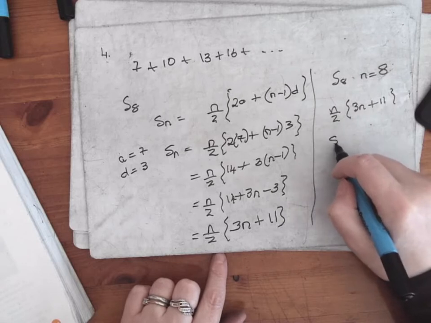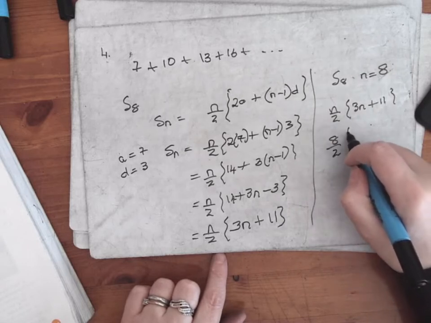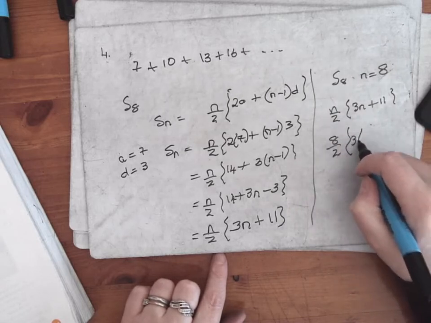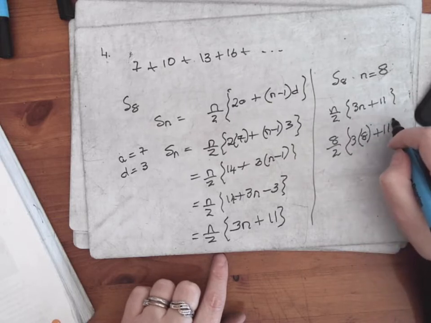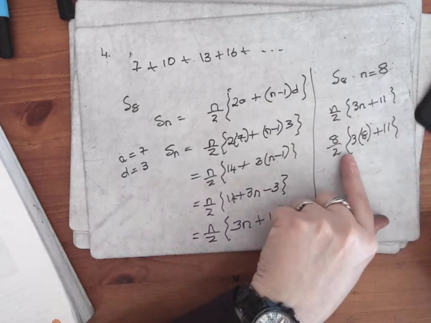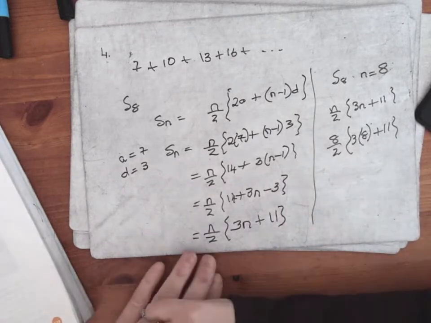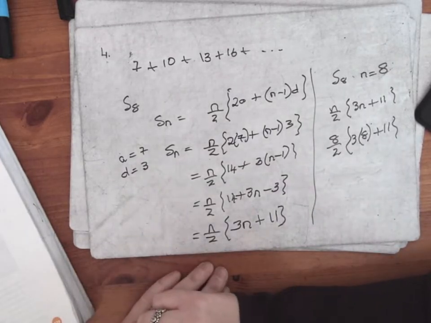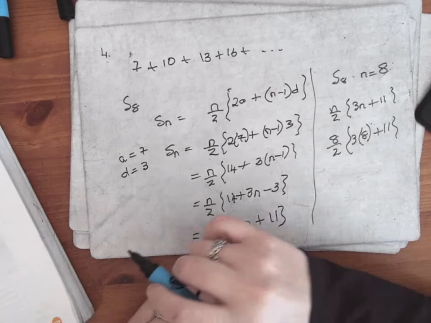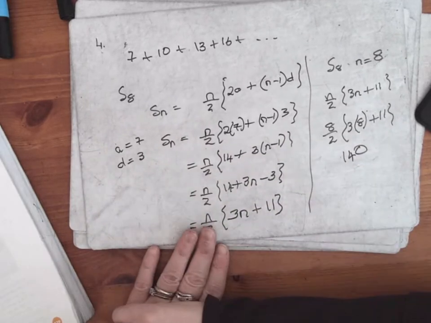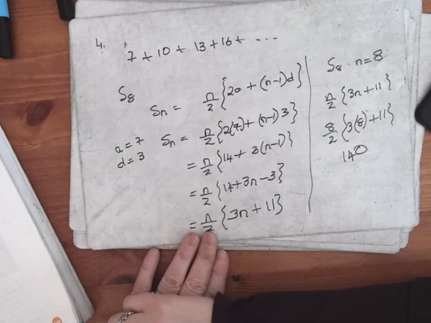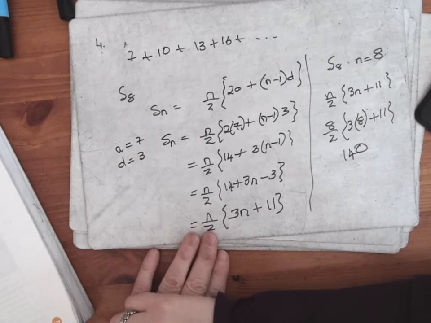That's 8 over 2 into 3 times 8 plus 11 into the calculator. You can use regular brackets for these brackets in the calculator. So that's 24, that's 35, 35 multiplied by 4, 140. I'm open to correction. Okay, is that alright? So that was number 4 from last night's homework.